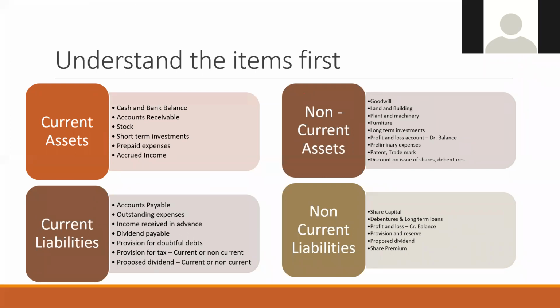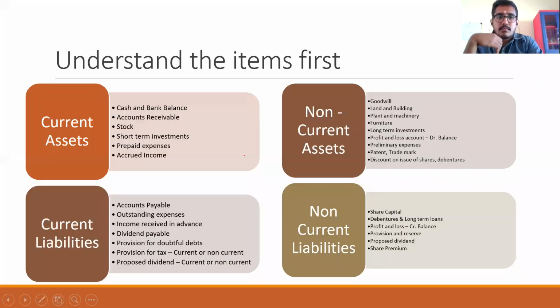When it comes to current liabilities: accounts payable, outstanding expense, income received in advance, dividends payable, and provision for doubtful debts. That means bad debts. And you are seeing two items, right? Provision for tax and proposed dividend.